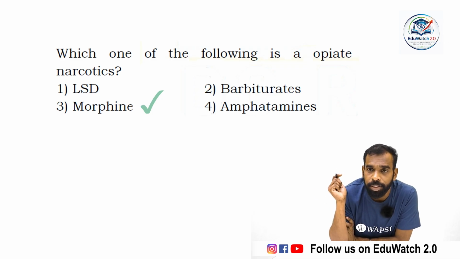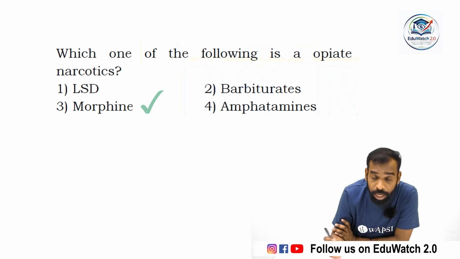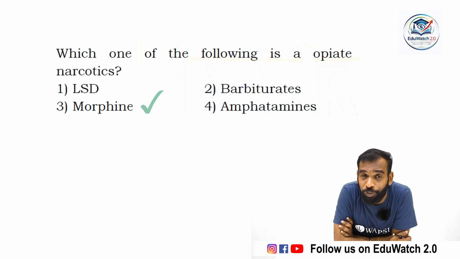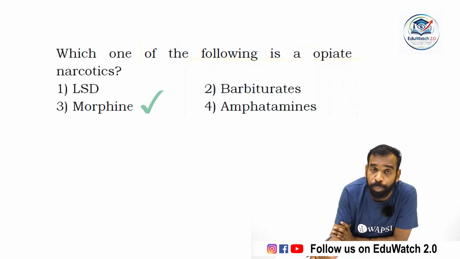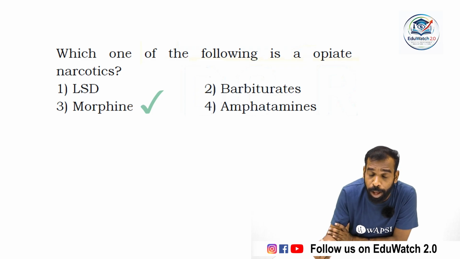Then amphetamines, barbiturates, etc. are used as stress-releasing drugs. Doctors suggest amphetamines, barbiturates, etc. to patients who are having some kind of mental illness or stress. Amphetamines and barbiturates are used as stress-releasing drugs, given to the patients who are having mental illness.